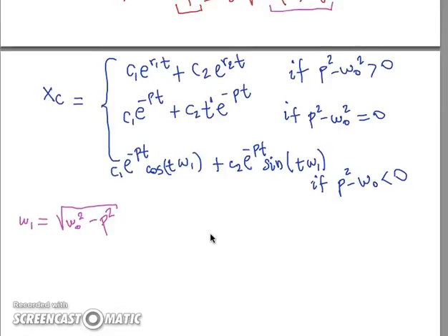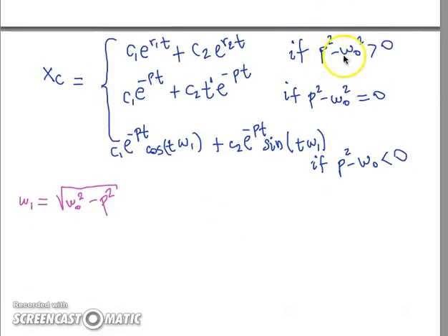One note here is that p squared minus omega 0 squared is analogous to c squared minus 4 times k times m in the formulation of the model with the original parameters of the model.